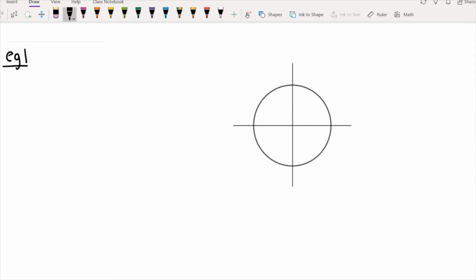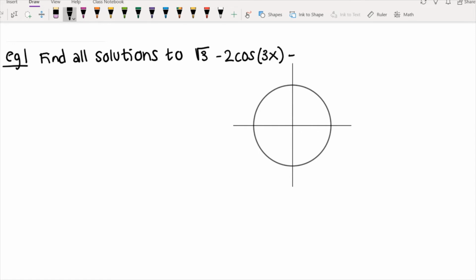So for this one, let's just focus on finding all solutions for these two. So the first one we're going to do is square root of 3 minus 2 times cosine of 3x is equal to 0.